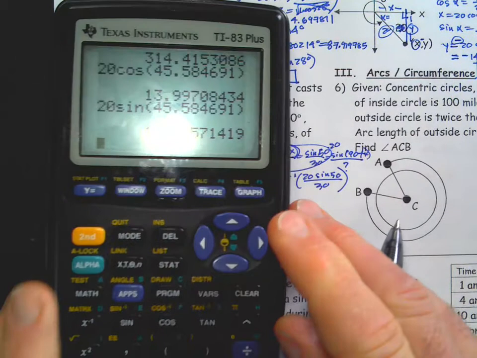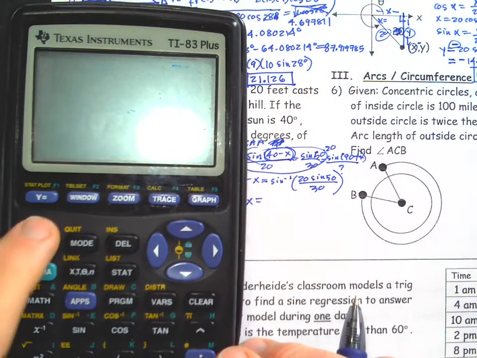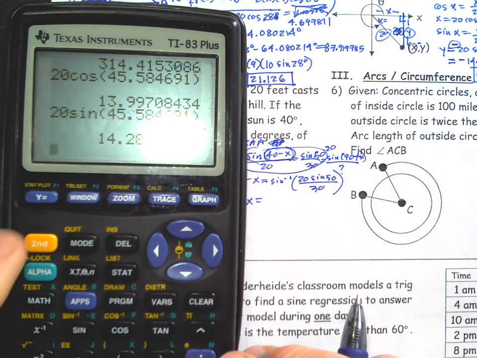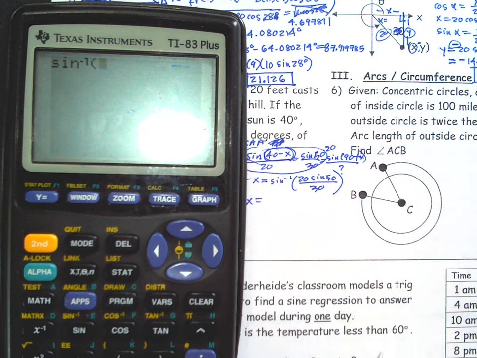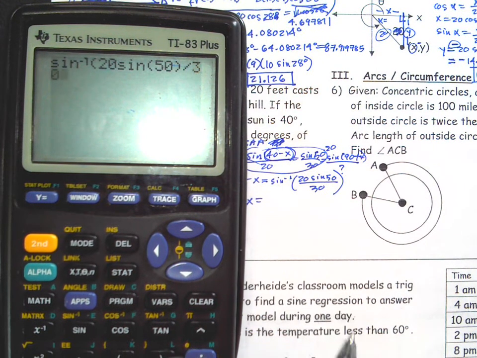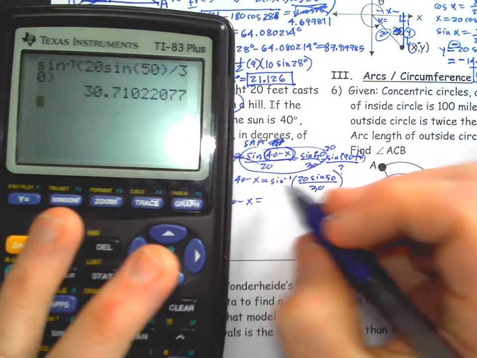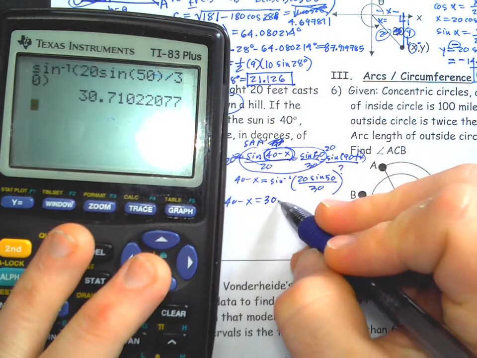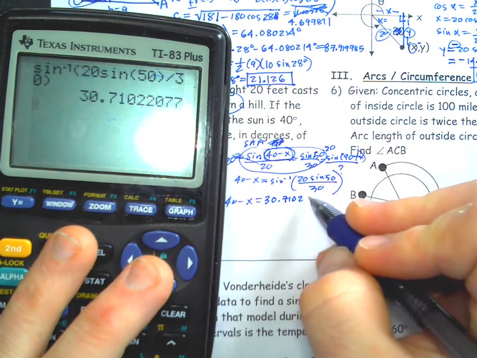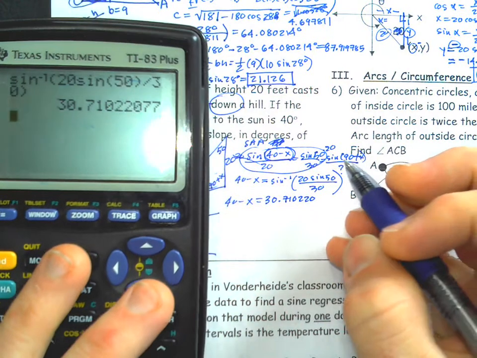Inverse sine of 20 sine 50 divided by 30 equals 30.710220. And then we've got to solve for x.